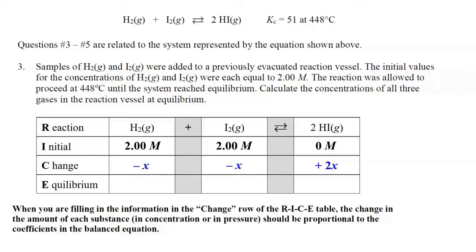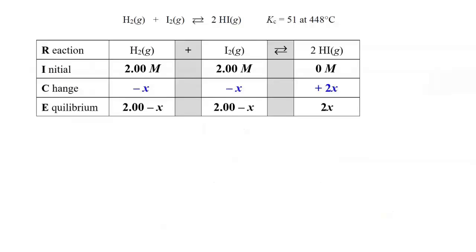So at equilibrium, the concentration of hydrogen is 2 minus x. Concentration of iodine at equilibrium is also 2 minus x. And the concentration of hydrogen iodide at equilibrium is equal to 2x. So now that we have filled in our RICE table as much as we can, the next step in the process is to solve for x.